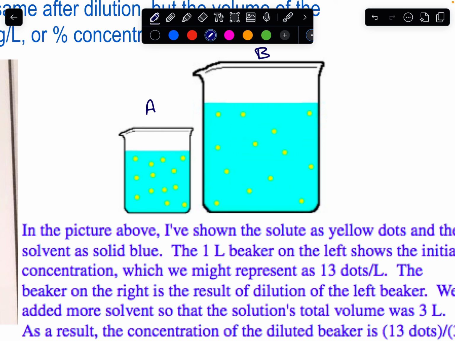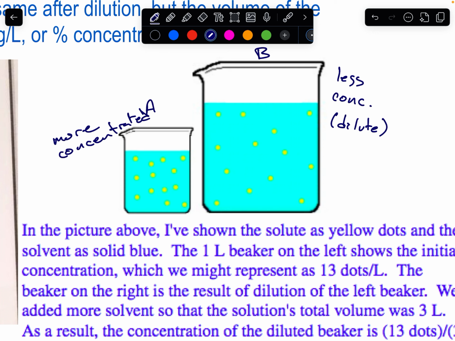I'm going to call them solution A and solution B. Solution A, I would say this one is more concentrated, and solution B is going to be less concentrated, or we could say this one is a dilute solution.